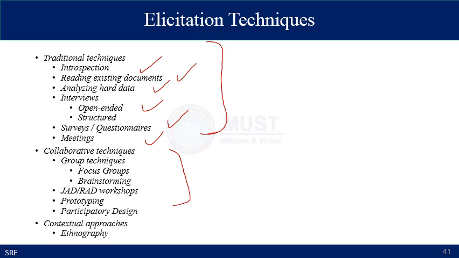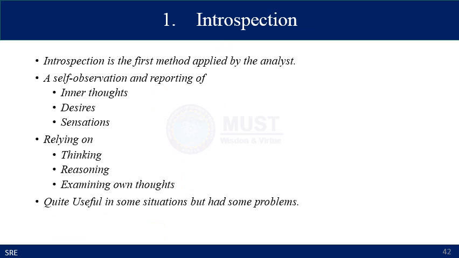And you can use contextual approaches such as ethnography, which help you understand the working principles of humans in achieving a desired task in the real environment, and then incorporate those activities into the system to achieve the desired functionalities.